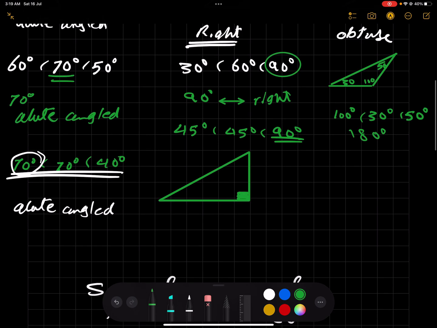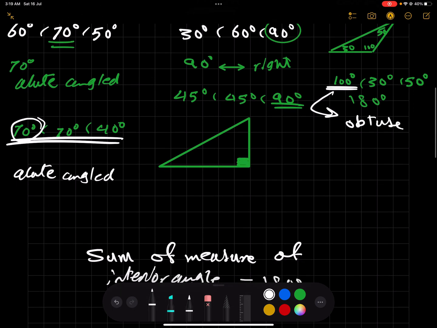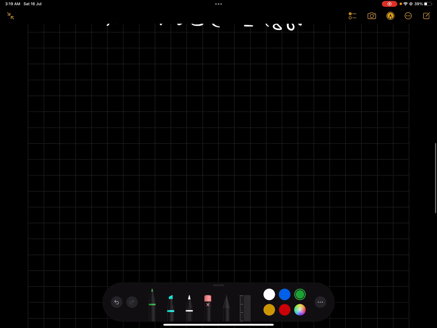You have to determine which one is the greatest. You will find 100, which means that it's going to be an obtuse angle triangle. What if we have 150, 10, and 20? What about the greatest angle? You'll find the greatest angle right over here, it will be 150.